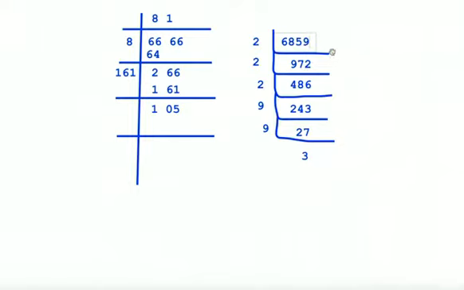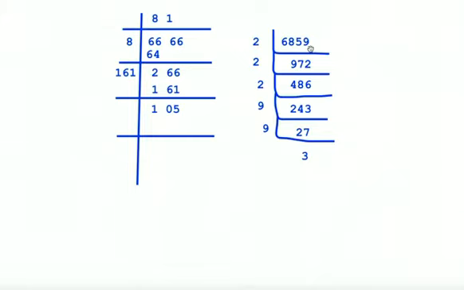So it won't go by 3. It won't go by 4, it won't go by 5, it won't go by 6, it won't go by 7. No. That I have to check. 6859, it won't go by 7. It won't go by 8, it won't go by 9.